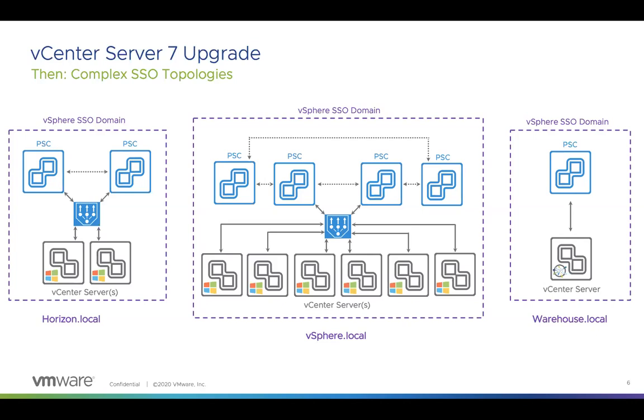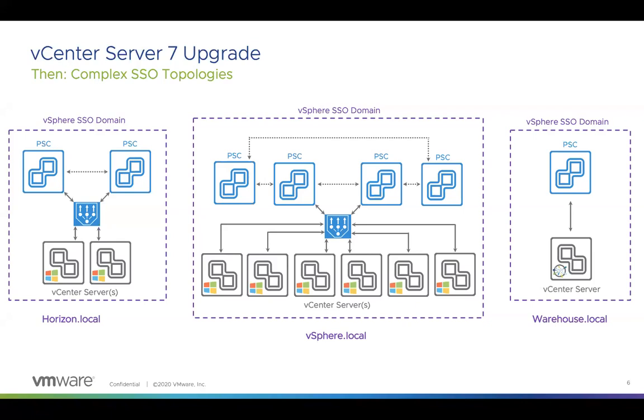the external PSC topology and the Windows-based vCenter. If you look at this, this is what it was before 7.0: almost 64 combinations of lifecycle operations. When I say lifecycle, I mean install, upgrade, patching, backup, all these things together, almost 64 combinations, which is too complex for any of our customers to manage.